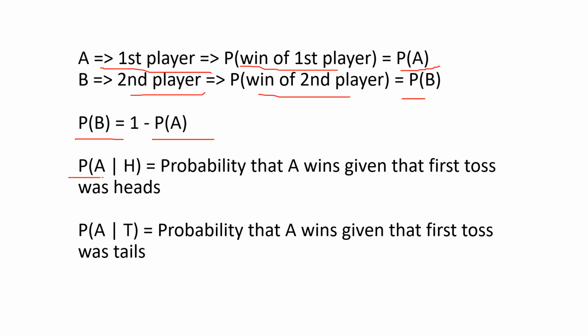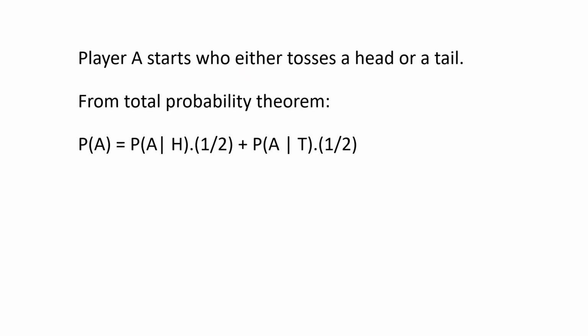The probability of A winning given that he tossed heads is denoted by PA given H. The probability of A winning given he tossed tails is denoted by PA given T. From the total probability theorem, we can write the probability of A winning as the probability of A winning the game given that he tossed heads times the probability of tossing heads, which is 1 by 2, plus the probability of A winning the game given that A tossed tails times the probability of tossing tails, which is 1 by 2. So now we have to determine PA given H and PA given T.